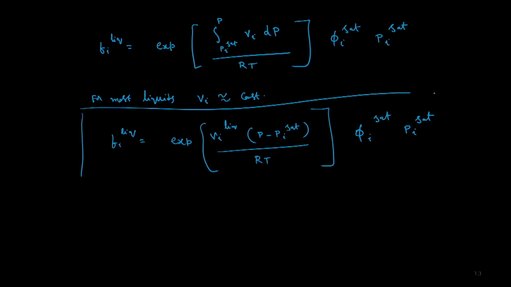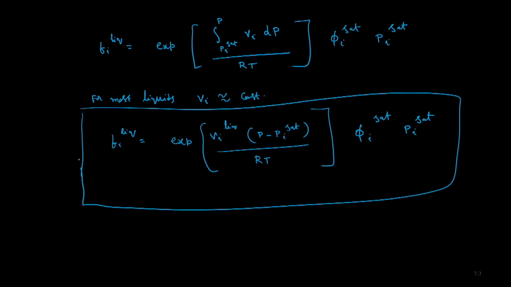So what this equation allows me to do is to calculate the fugacity of a liquid from known information and the fugacity coefficient of vapor at saturation condition. So if I can calculate fugacity of vapor at the saturation condition, I can use this equation and calculate the fugacity of liquid at an elevated pressure P.